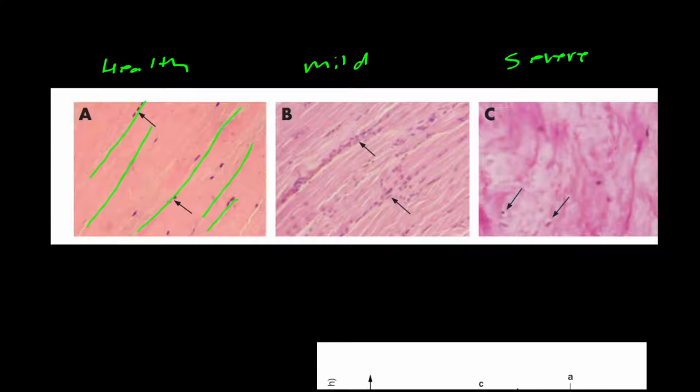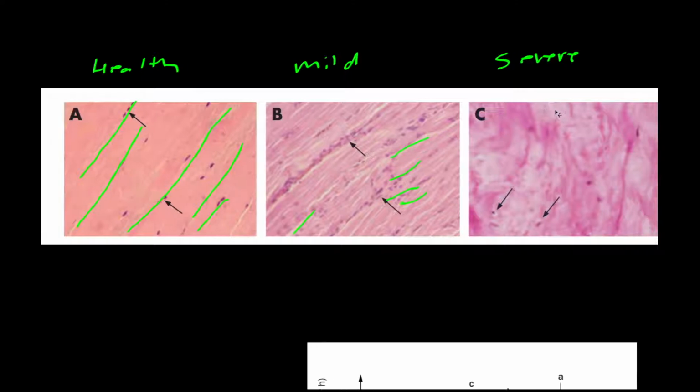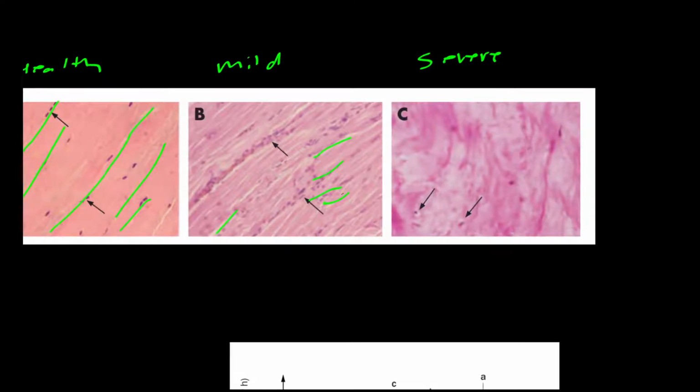In mild cases of tendon injury, you start to see a little bit of these disruptions here, a little bit more cells, and then the severe is so bad that you can hardly even see that there were ever fibers in the first place. It's just this big mangled mess of disorganized collagen and scar tissue.